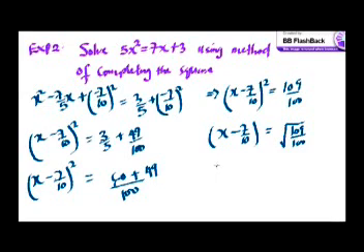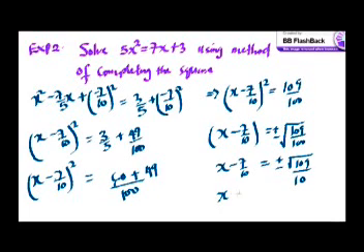Now x, there's a plus or minus here, x minus 7 over 10 becomes plus or minus square root of 109 over 10, because square root of 100 will give us 10. So I'll take this across equal to, and I'll have x is equal to 7 over 10 plus or minus square root of 109 over 10.